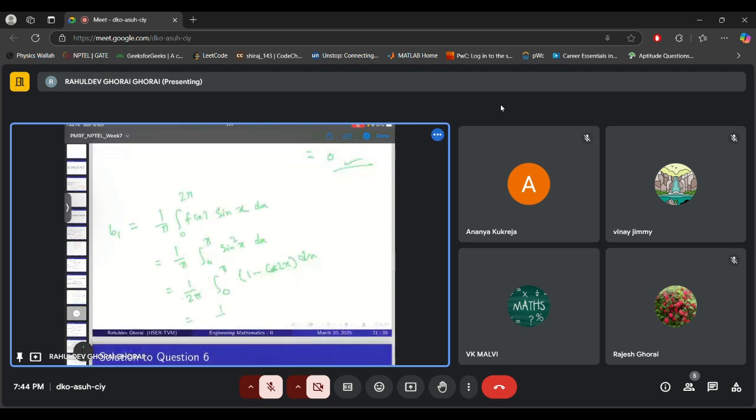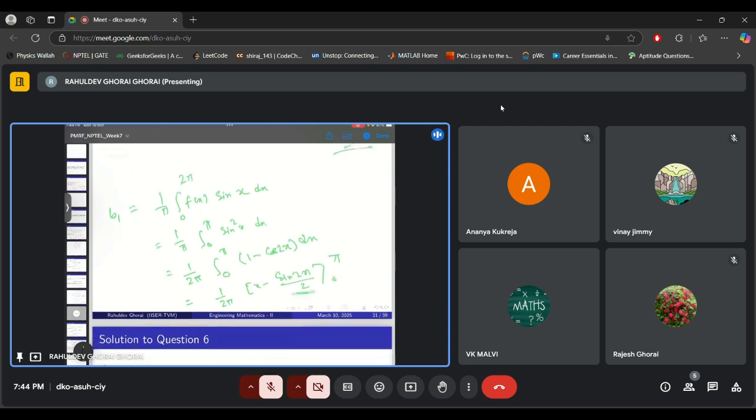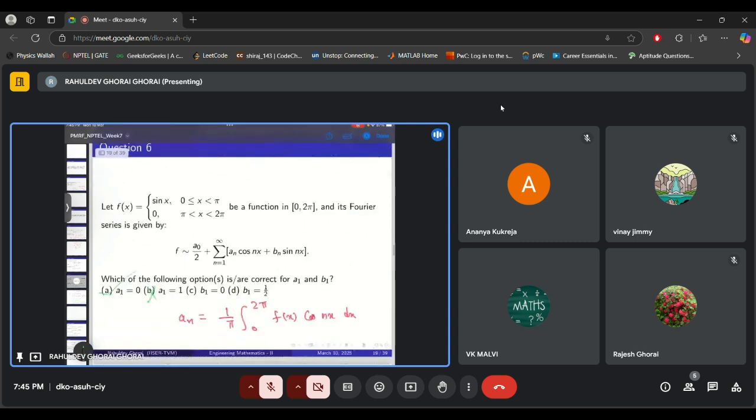Okay. 1 over 2 pi, then x minus sin 2x over 2, from 0 to pi, and this quantity will be 0 for both 0 and pi. This x will give you pi minus 0, which is pi. 1 over 2 pi, times pi minus 0 will be 1 over 2. So b1 will be 1 over 2.